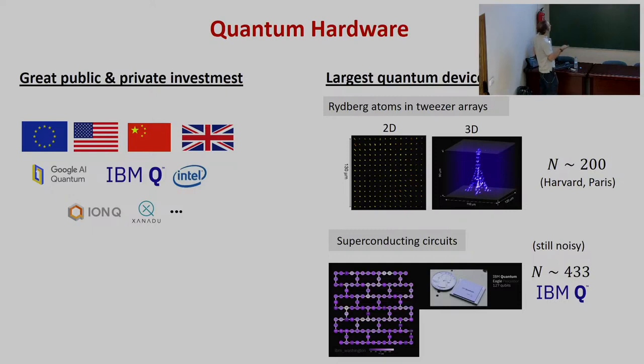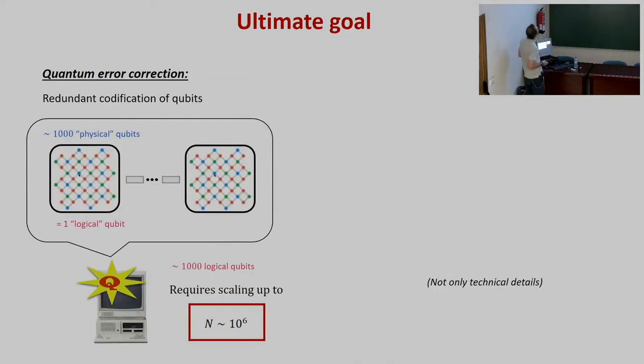And for superconducting circuits, the biggest so far is 400 qubits. It has been reported by IBM, but it's still noisy and it's hard to do clean computation with this, so it's still work in progress. And the ultimate goal in this field is to do quantum error correction.